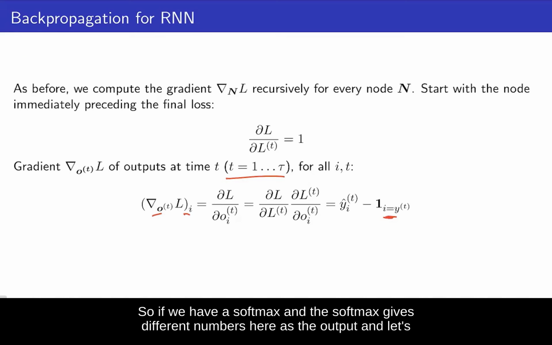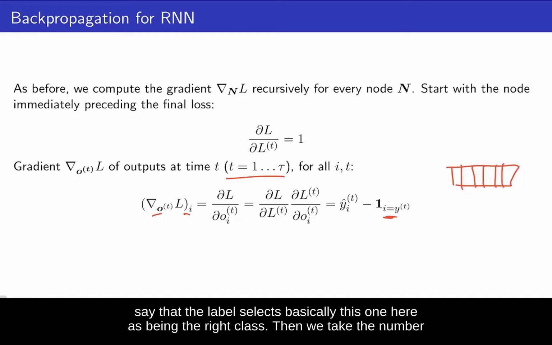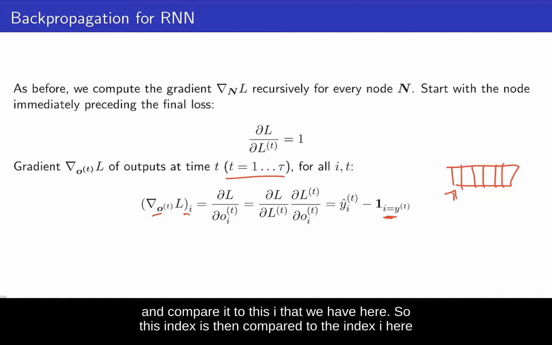So if we have a softmax and the softmax gives different numbers here as the output, and let's say that the label selects this one here as being the right class, then we take the number and compare it to this i that we have here.